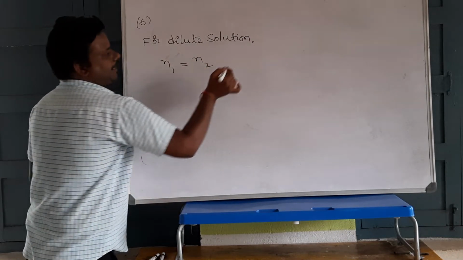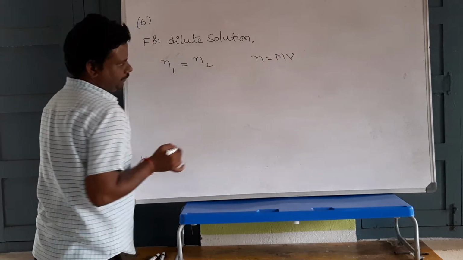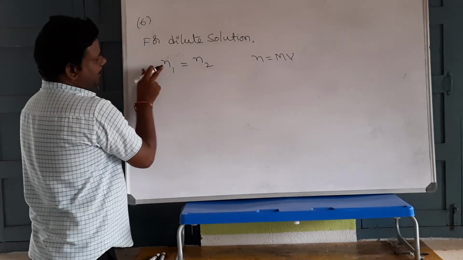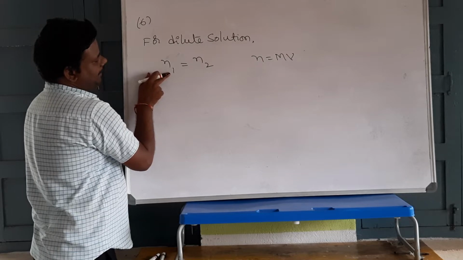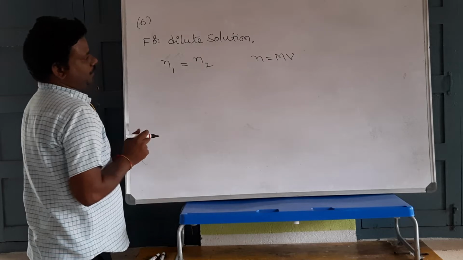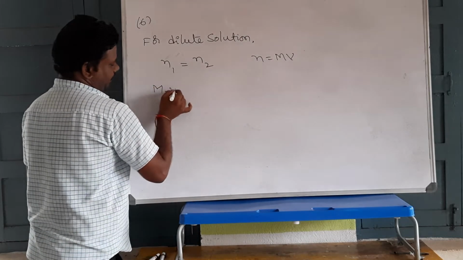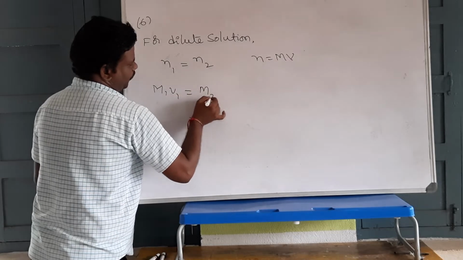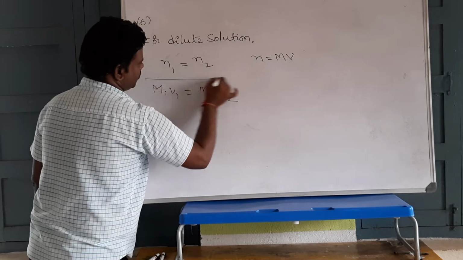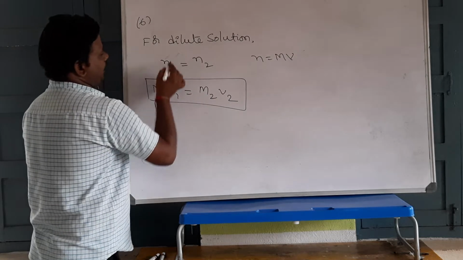Do you know that number of moles N is equal to molarity into volume? So here number of moles before the dilution N1 is equal to number of moles after the dilution. Look here, M1 V1 is equal to M2 V2. For dilute solutions, M1 V1 is equal to M2 V2.